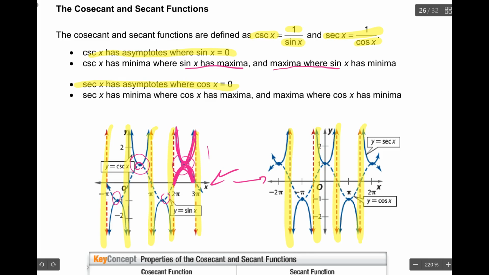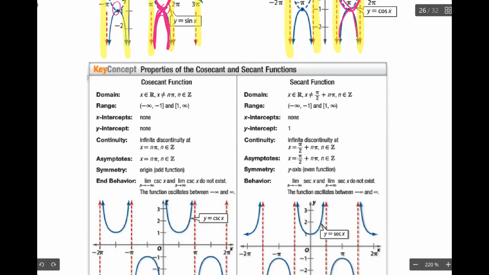Versus the maxima where sine has a minima. So here's the bottom part. Sine is at the minimum of negative 1. Well, that's going to be the maximum. That's going to be the top part of the parabola for cosecant. Similar with secant and cosine. Cool. So where one has a max, the other has a min.